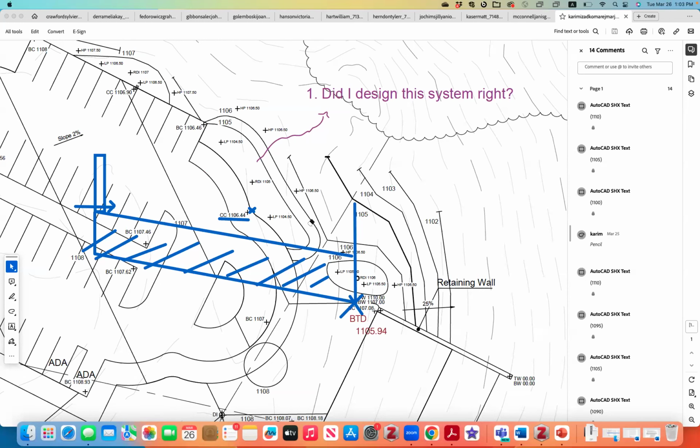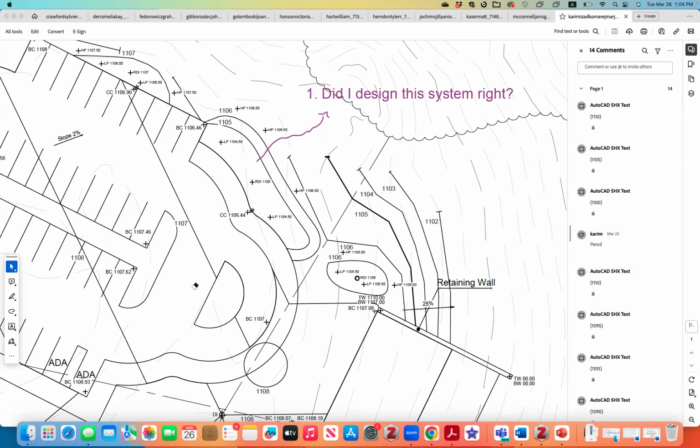I think you have an additional 6 contour. That's not necessary. The reason being, we have lowered this ground down because of the sidewalk. That's why you do not need an extra 1106. So only 1106 on the outside of this would be fine, because we lowered the whole thing because of the trench drain. So that's that one.